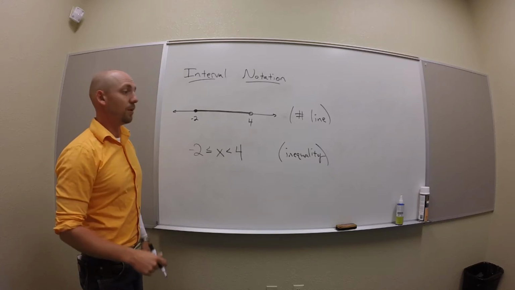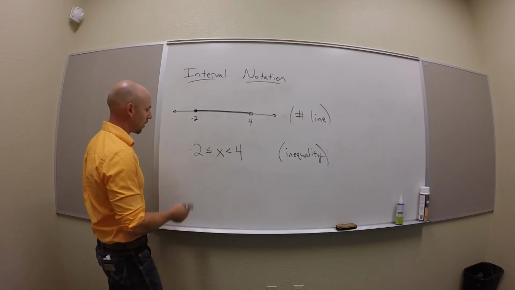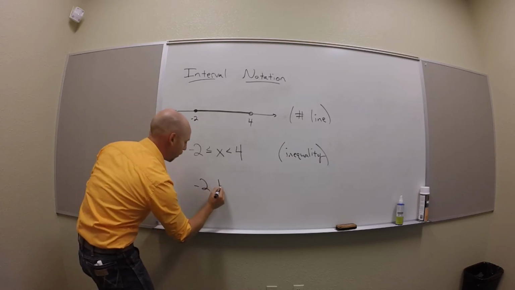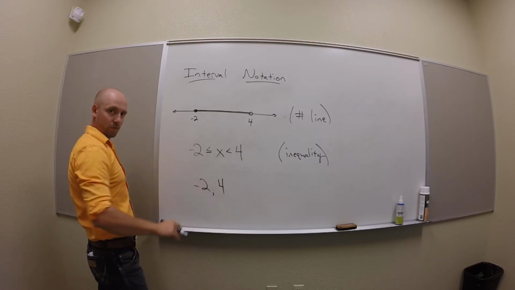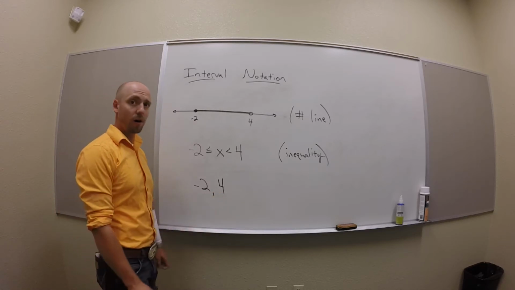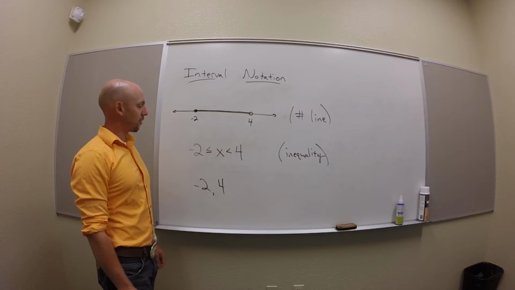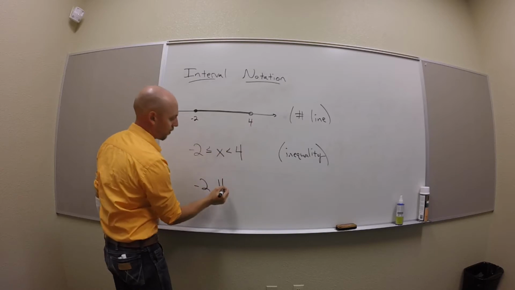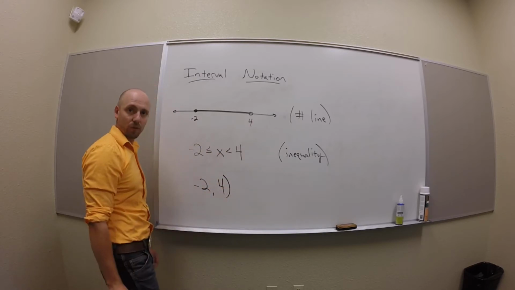So maybe I would write instead, okay, I've got to start at -2, and then we're going to go to 4. So that's what this sort of thing means, right? I mean, -2 going to 4. And then I need to decide, okay, what do the ends look like? 4 is not supposed to be in there, so I'm going to put an open parenthesis.